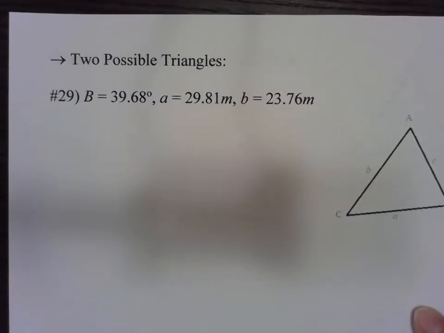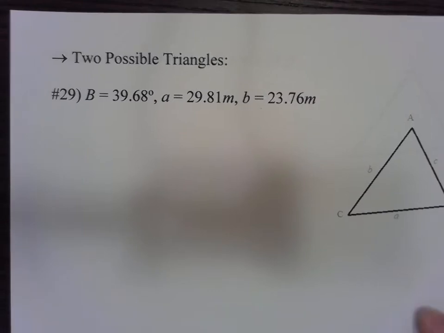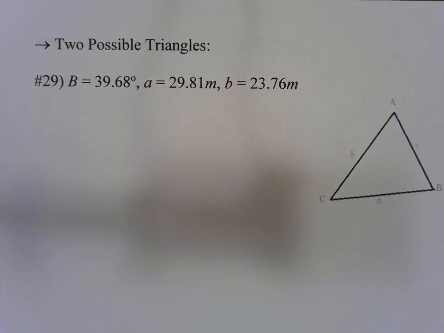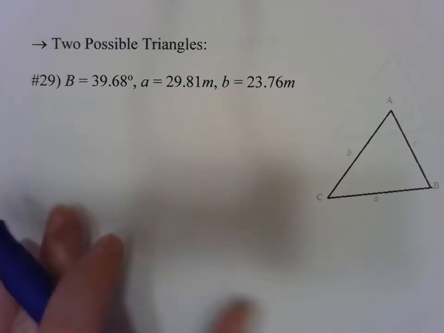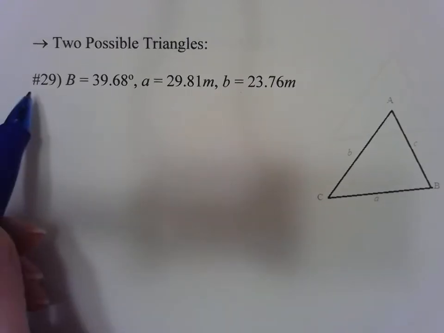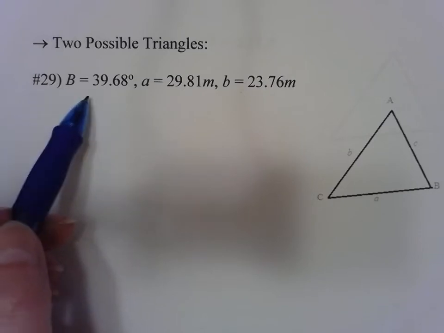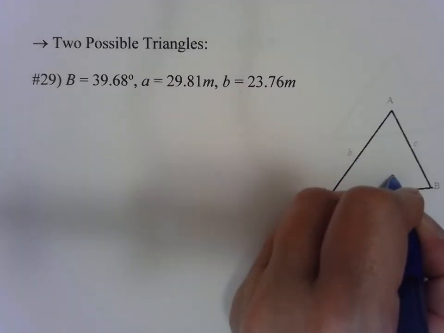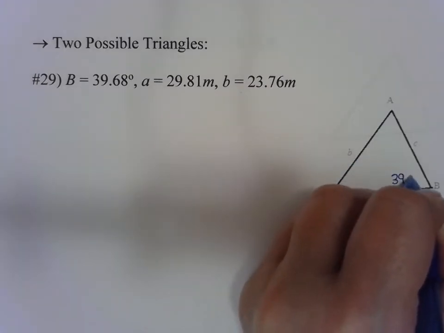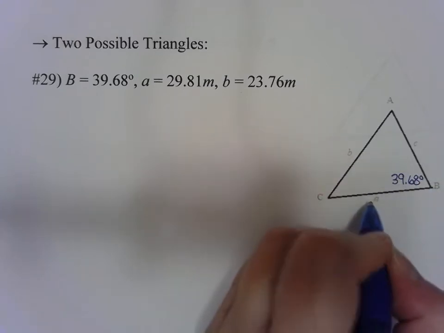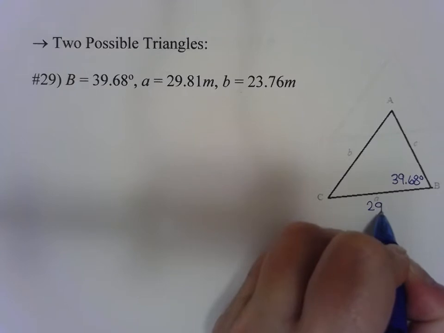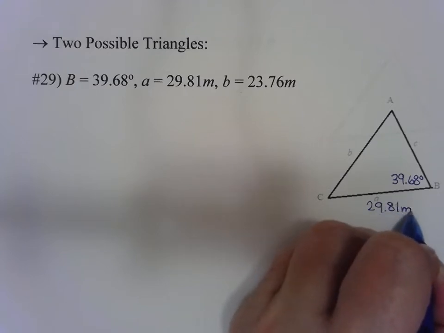Okay, then there is the possibility that we could get two possible triangles with the information we've got. So let's try this one. This is also from your book. And in this problem, angle B is 39.68 degrees. Side A is 29.81 meters.